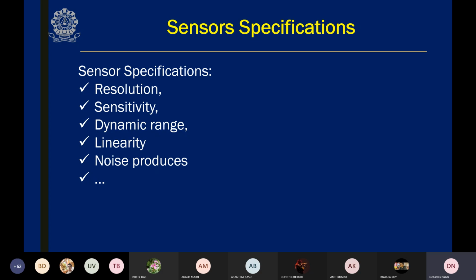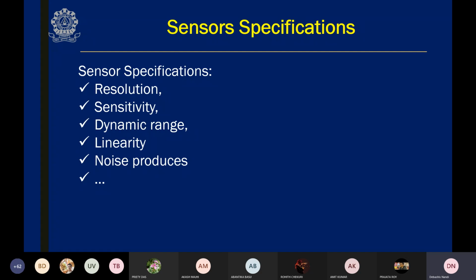If the sensitivity is high, it is also better for your application, but it may be that the cost will be more. So whenever you purchase a sensor, you should mention the specifications: I want this amount of resolution, this amount of sensitivity, this amount of dynamic range. It should be linear.